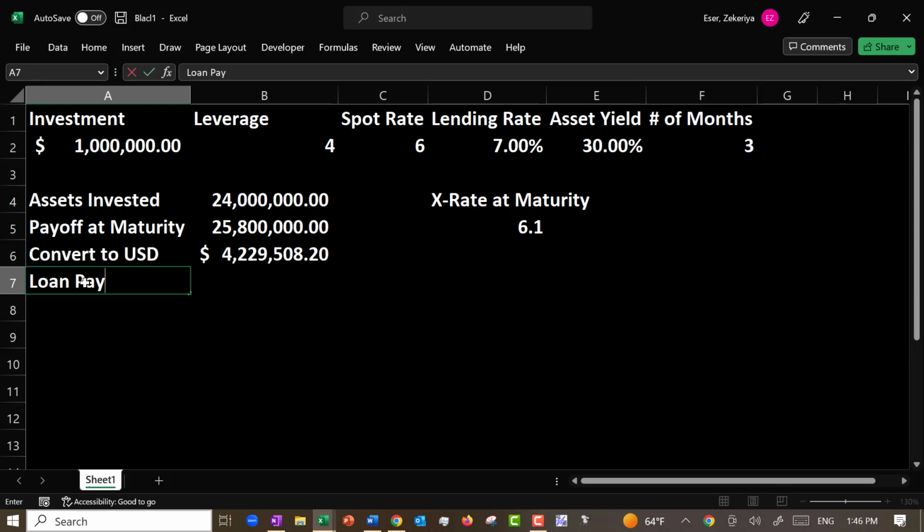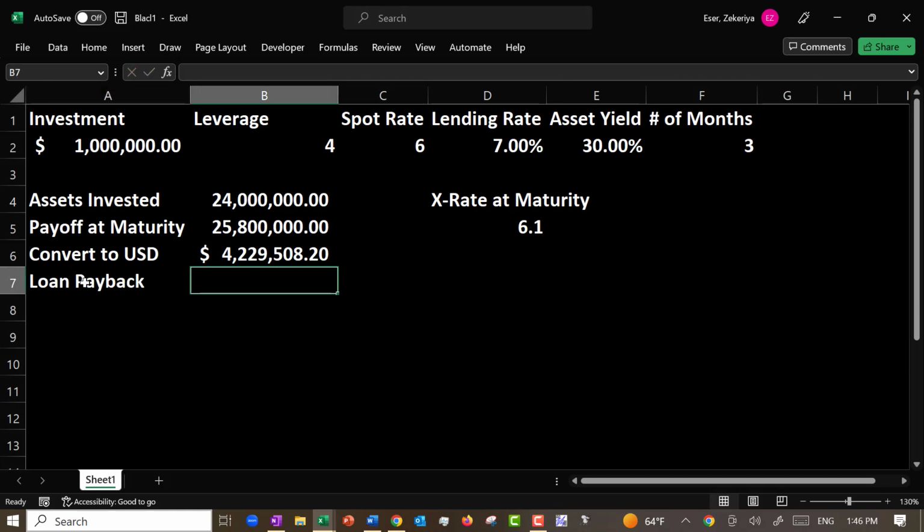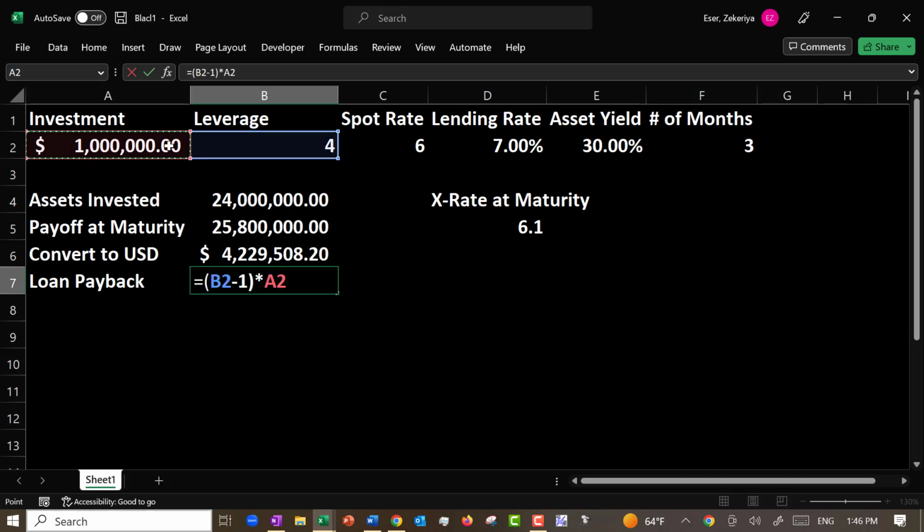Loan payback is 3 times the investment amount times 1 plus lending rate.